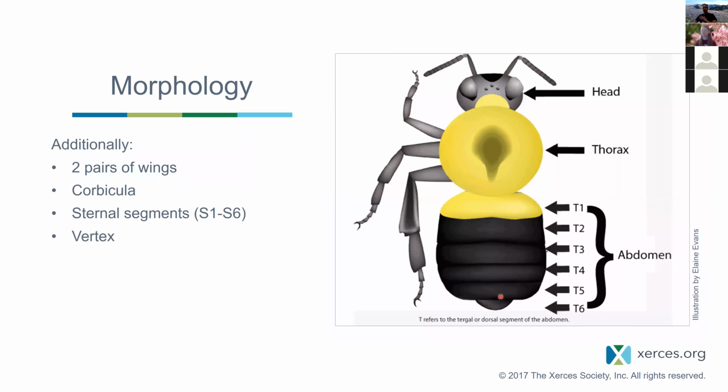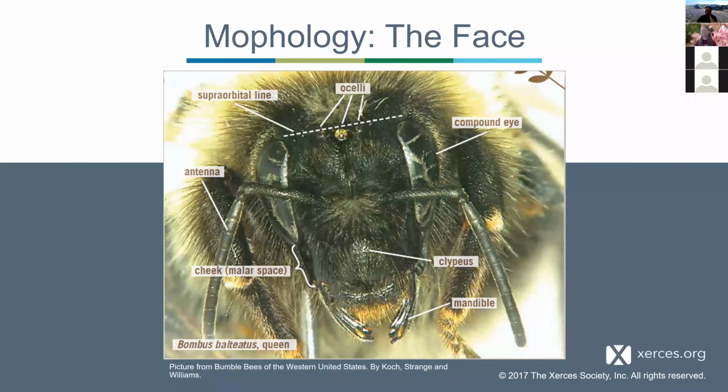So mostly we're going to be looking at color patterns on the head, thorax, and abdomen. And the abdomen is broken up into 6 segments. And when I talk about individual species, I'll be talking about which of these segments, T1, T2 through T6, are which color. And that's what we're going to be paying attention to. And then sometimes we also look at the cheek length. Different bumblebees have different length tongues, and that will correspond to the distance between the eye and the mandibles in the bee.